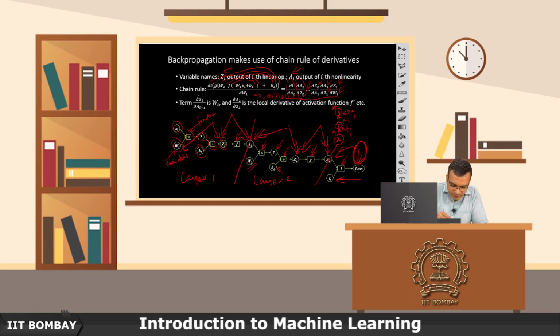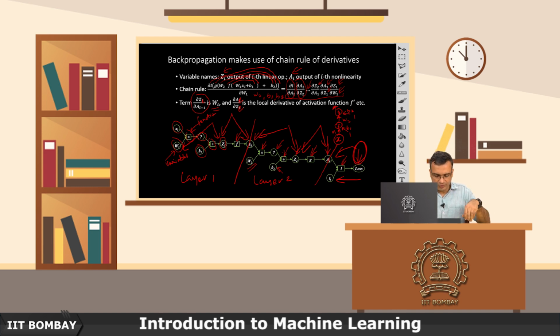One is the derivative of Zl, if you are talking about the Lth layer, with respect to A(l-1). So the derivative of Z with respect to the output of the previous layer, or the input of this layer, and that is going to be Wl. The second type of derivative you will see is the derivative of, for example, Al with respect to Zl, and that is going to be the local derivative of the activation function, f dash.